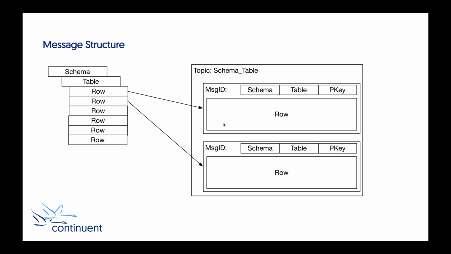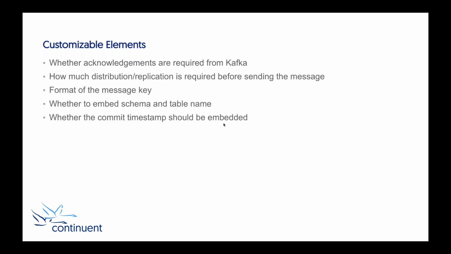Now, obviously, the way in which this information is formatted at the moment, like I said, this is our first version, our first release of this particular option. We have a certain number of things that can be customized as they come through. So we can control how you write data into Kafka. It's possible to write data into Kafka and not worry about whether it's actually been accepted by the Kafka system. We can configure it so that we can guarantee that transactional state.